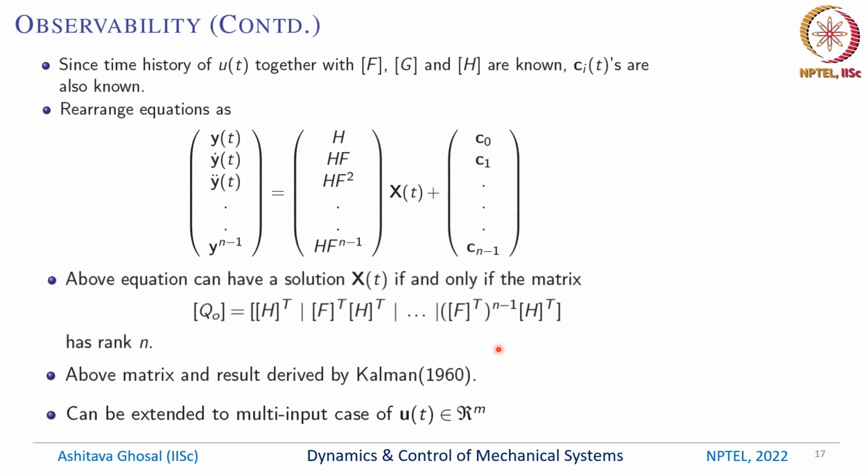I can find the states by measuring output y, even though the number of outputs that I am measuring, which is p of them, is less than the number of states, which is n of them. We can also extend the same results to the multi-input case, if you have m inputs instead of a single input, which is what is shown here, and that has been done.